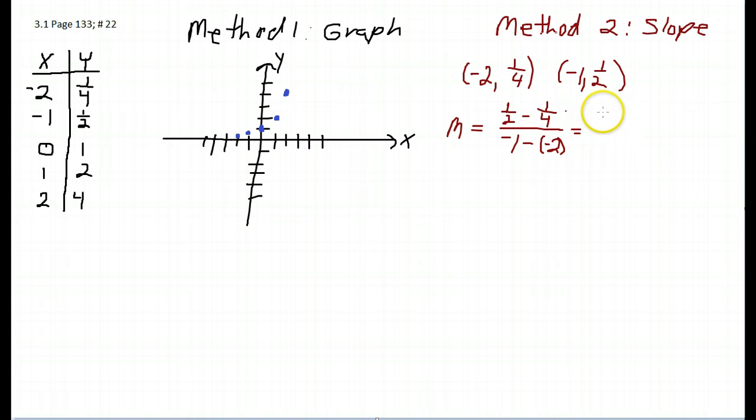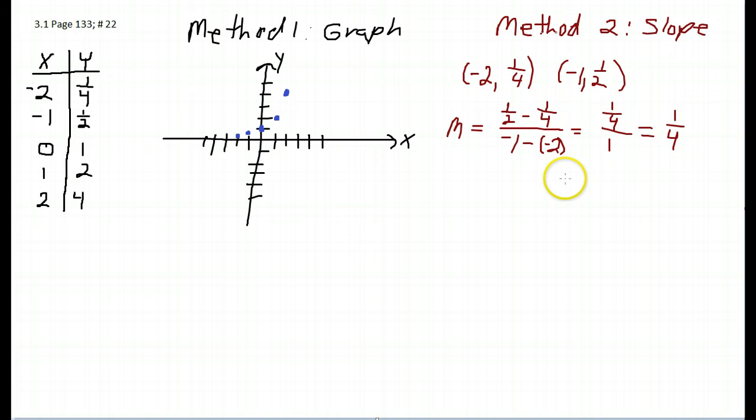Well, 1/2 minus 1/4 is 1/4. Double negative becomes a positive, so -1 plus 2 gives you 1. 1/4 over 1 reduces to 1/4.